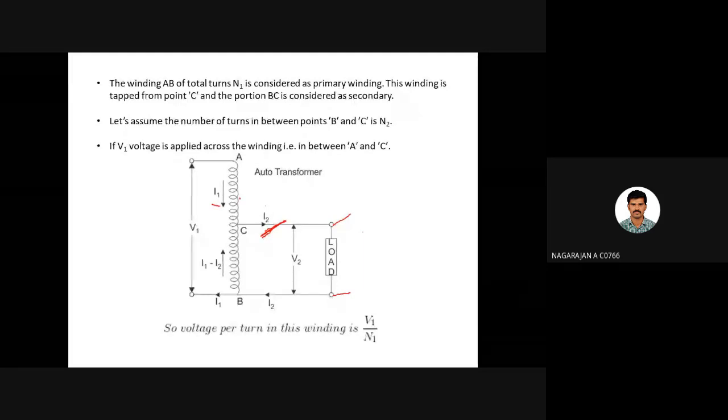So at that time, will there be any current passing through the windings, through I1? I1 will also be zero.